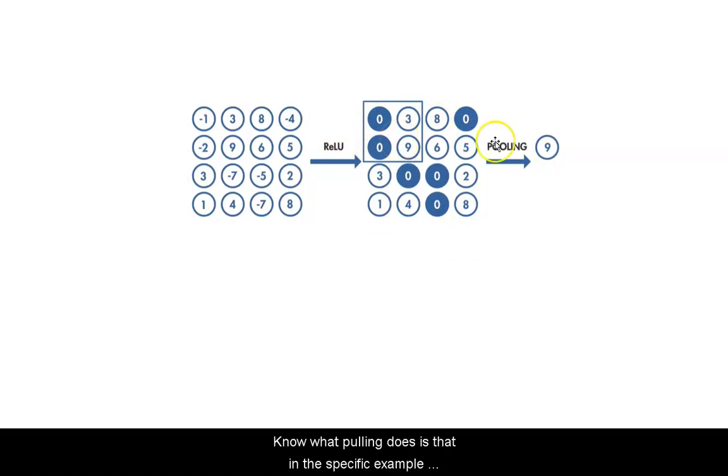Now what pooling does is that in this specific example, I am doing a max pooling. So here again it identifies this small portion. Again, this all depends upon how we set it. For now I am taking a window size of 2x3. So since I am using a max pooling, it finds the maximum value from this window, which is 9.